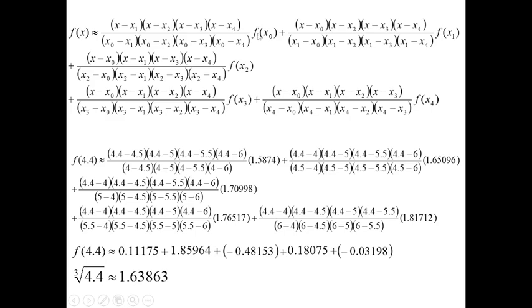So this is now the answer to our problem. Since our goal is to find the cube root of 4.4, where x is equal to 4.4, we replace x here by 4.4. As you notice here, this is a polynomial function.